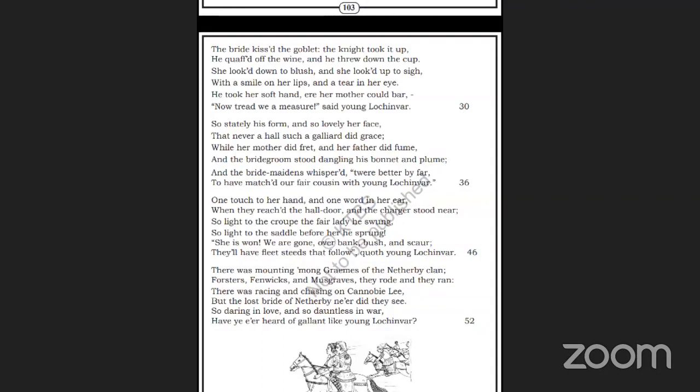See this line of Lochinvar. Now tread we a measure. See here, measure means it is a kind of dance, remember. Measure is a kind of dance. It is a very dignified kind of dance, wherein you are not throwing your arms, you are not throwing away your legs the way you want, you are not swinging your body or head the way you want.